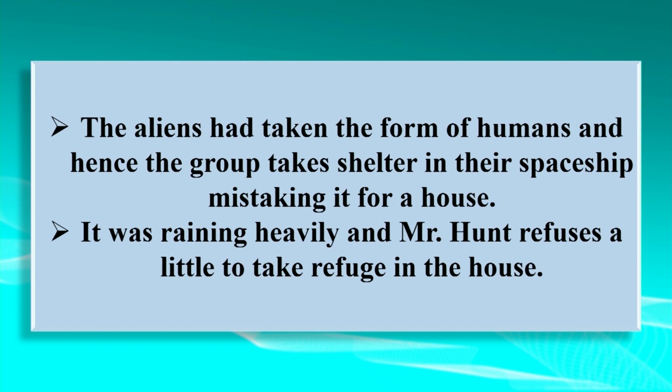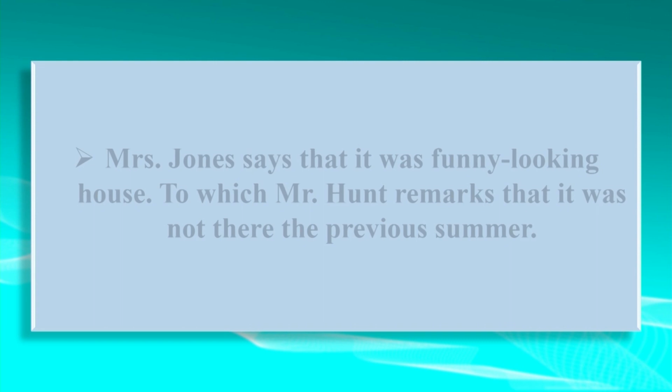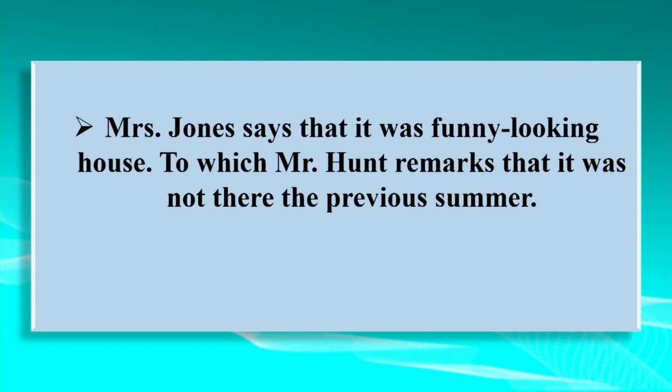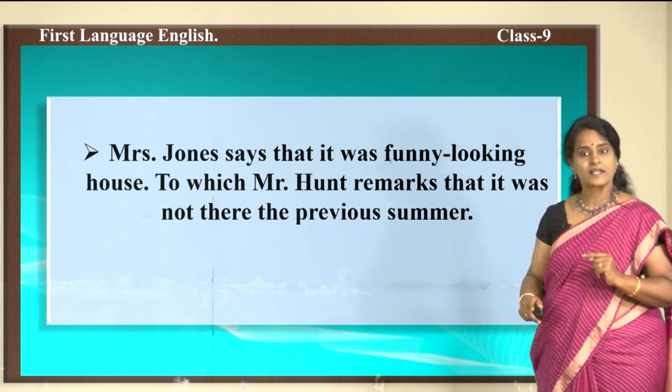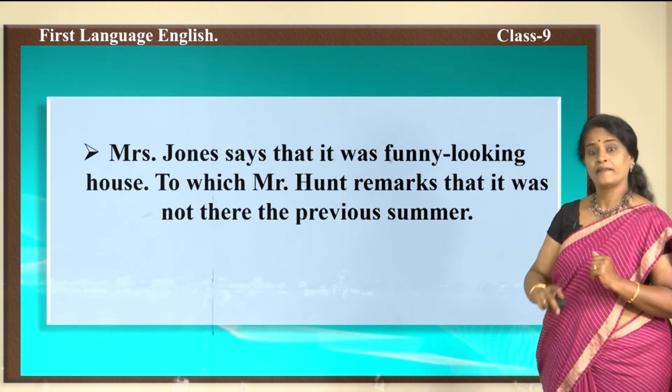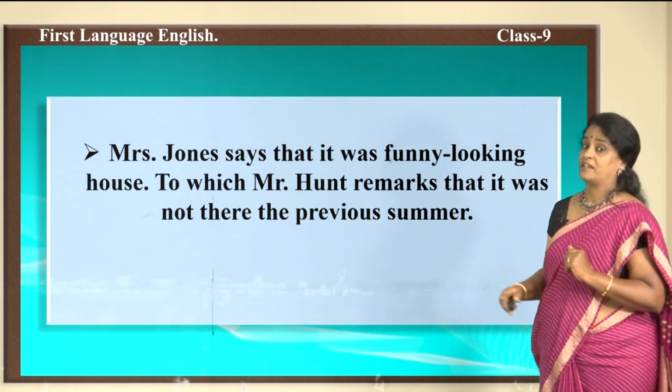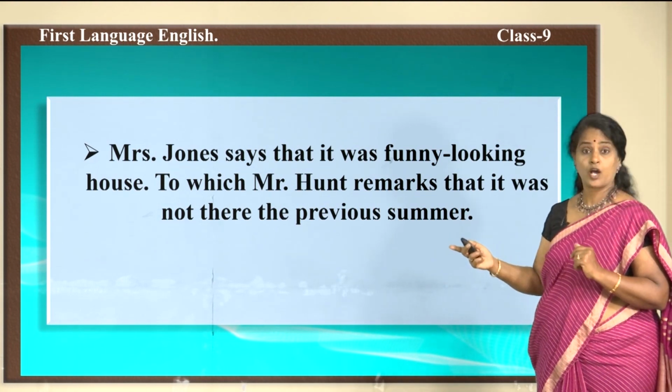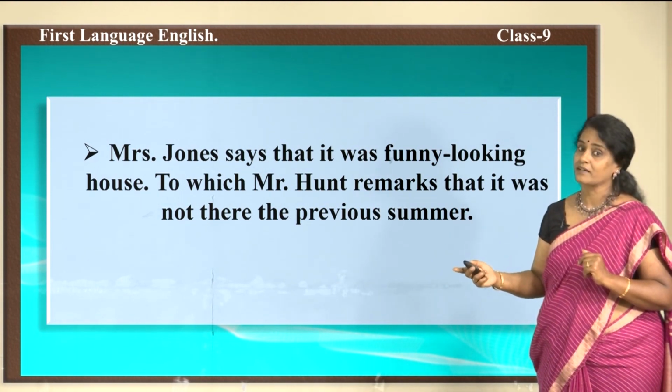Yes, because last summer when he was there, he had not found this house. Is it not? And Mrs. Jones, what does she say? Yes, it's a funny looking house. And that is why Mr. Hunt says, yes, it doesn't look like a house. I have not seen it last summer.